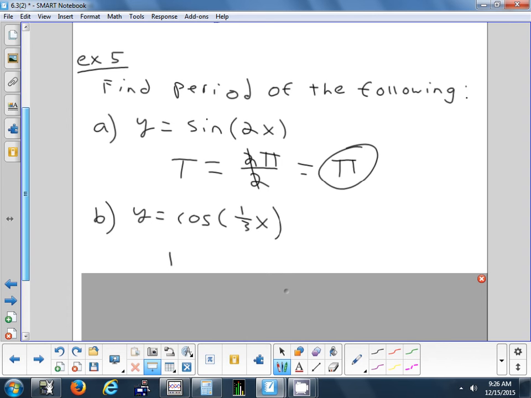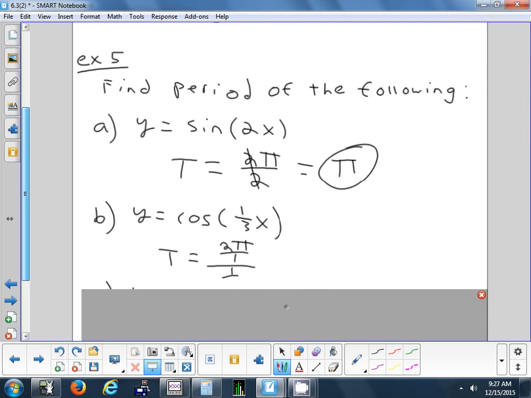All right, let's try this one. What's my fraction to find the period? 1/3 is part of it, but that's not the whole thing. It's 2 pi over 1/3. 2 pi, which I'm going to make a fraction, so 2 pi over 1/3. How do we do that?